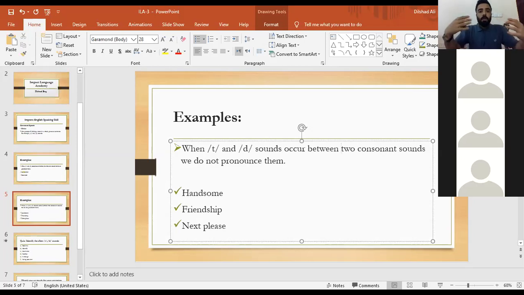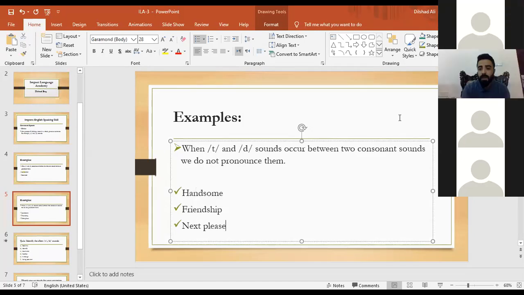So we both have to make mistakes in order to learn. I want somebody, without feeling shy, to read these three examples, and we will see where we have a problem and how we correct it. Who would love to read these three examples?